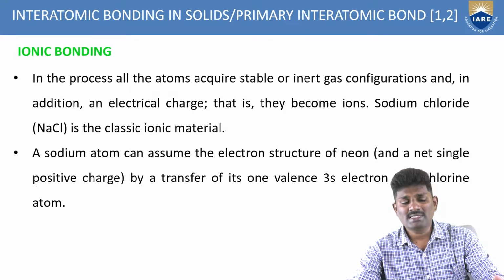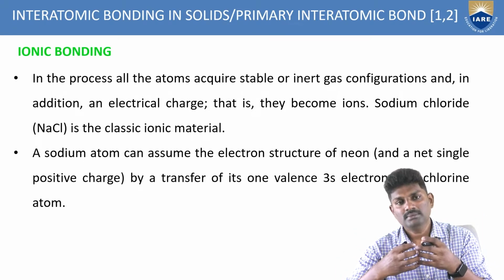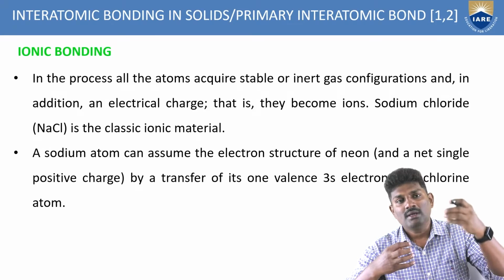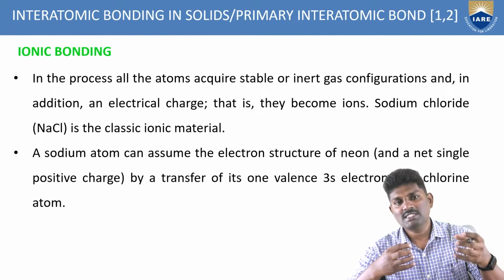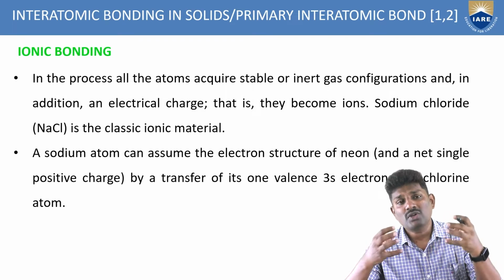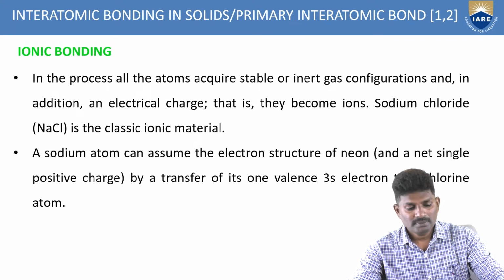And sodium chloride is the best example for the ionic bonding. This is the classic example where the sodium as well as the chlorine atoms will get a good bonding because of the alternative arrangement of the positive and negative charges between the atoms, so that you'll get a strong attractive force between these.